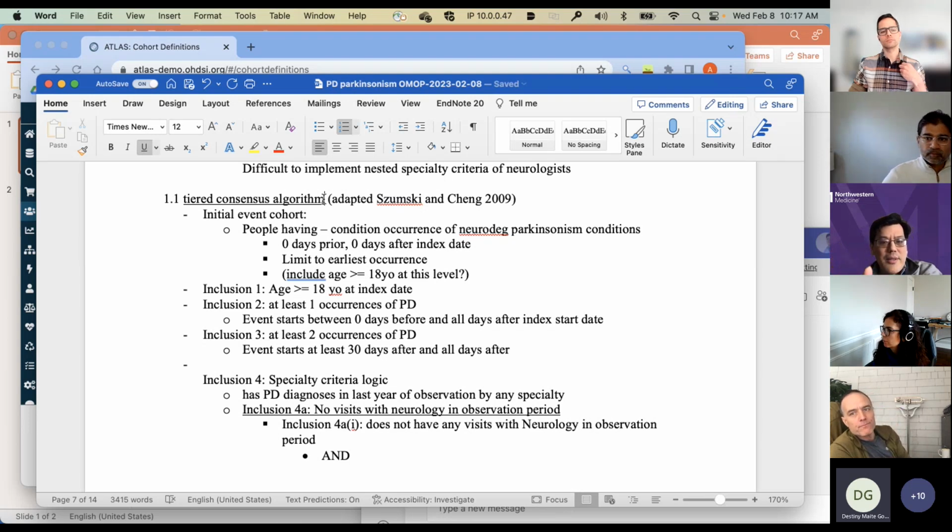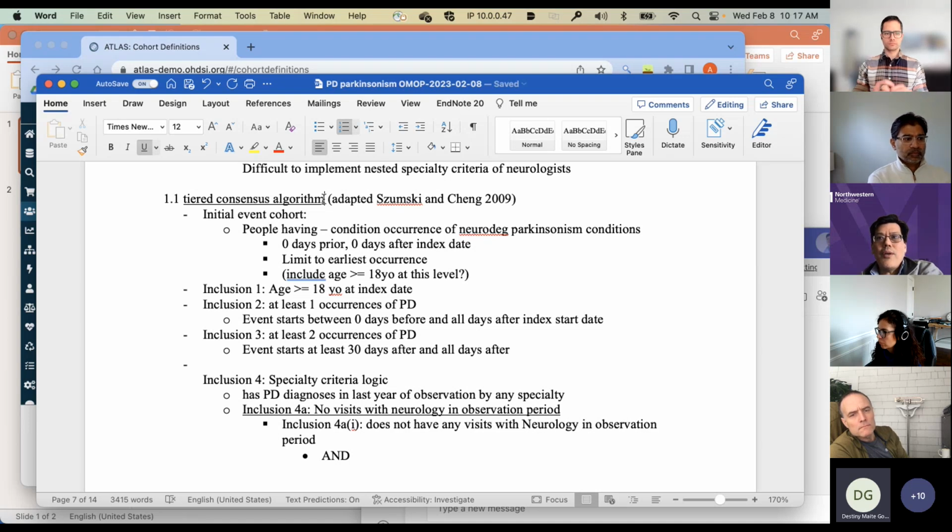And it does a second thing. The tiered consensus algorithm reflects the fact that for a lot of the neurodegenerative Parkinsonisms and Parkinson's disease, the diagnosis only becomes clear many years later.